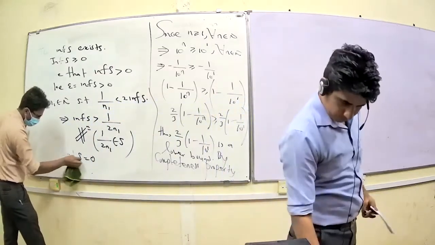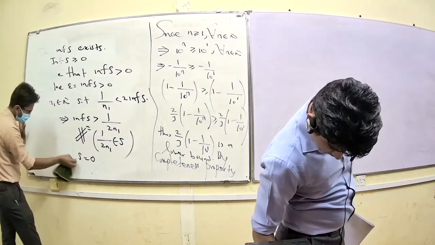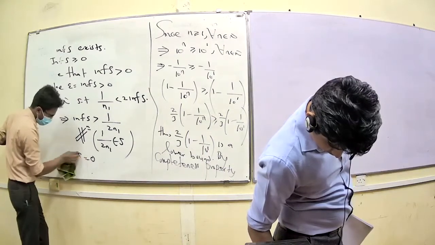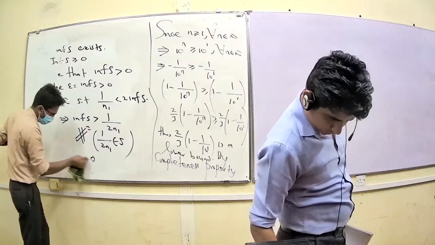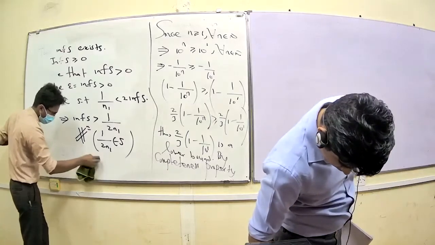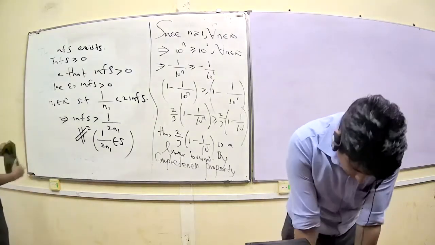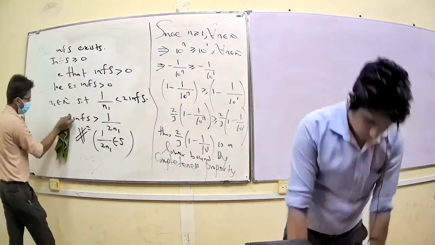You have the problem sheet. There are some questions, right? First question: if a plus b equals 0, then b equals minus a.